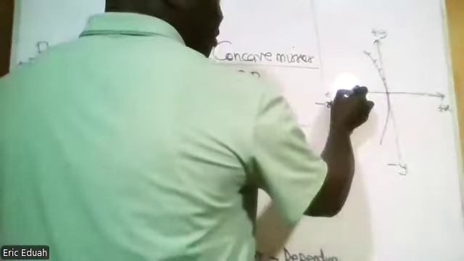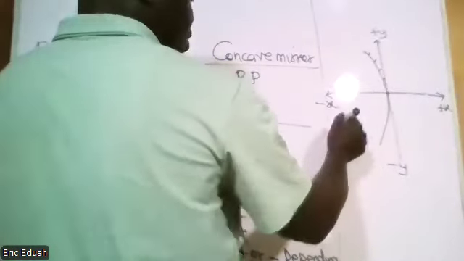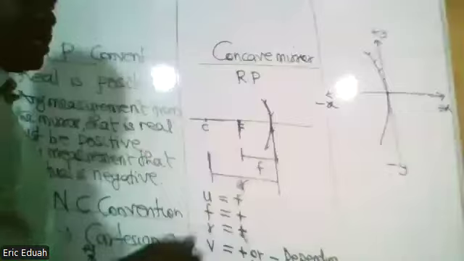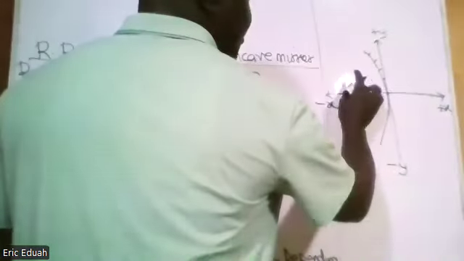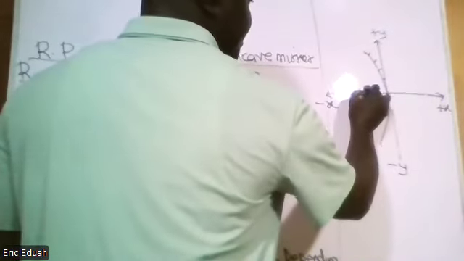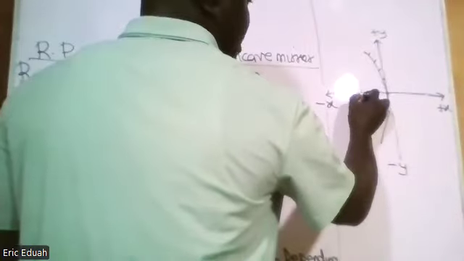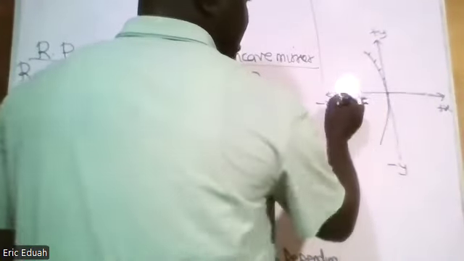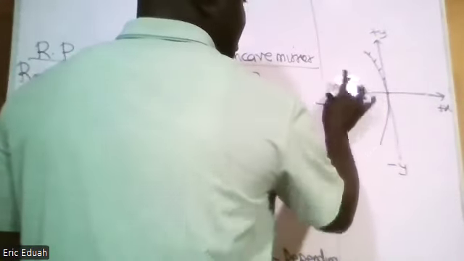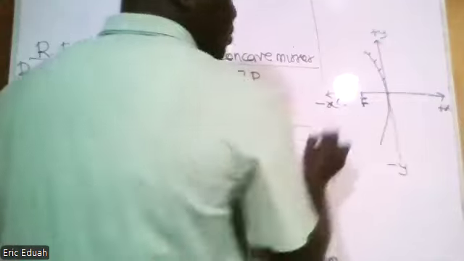The focus of a concave mirror is real, so it will always be in front of the mirror. So F will be here, then C, the center of curvature, will also be here.